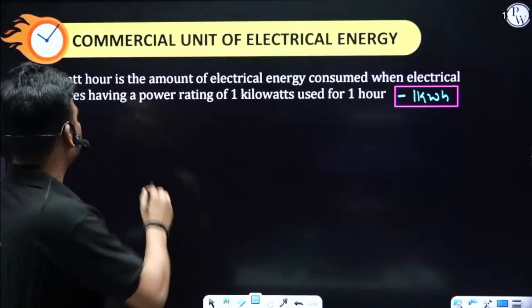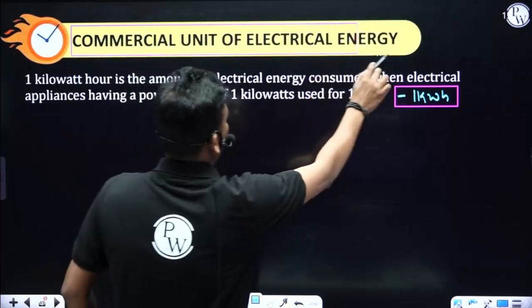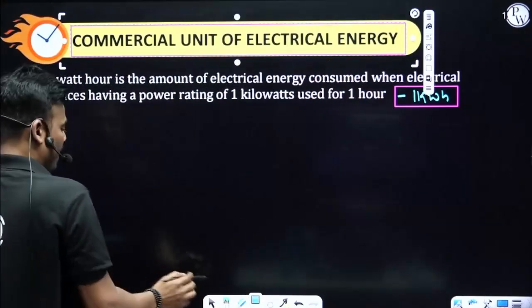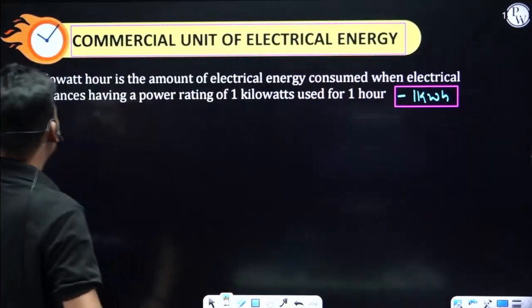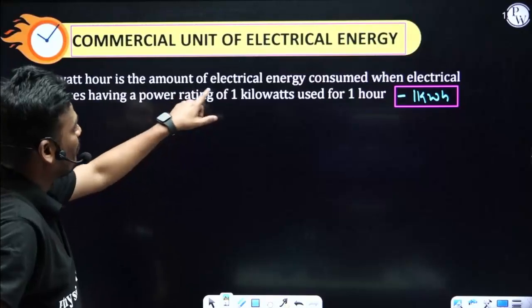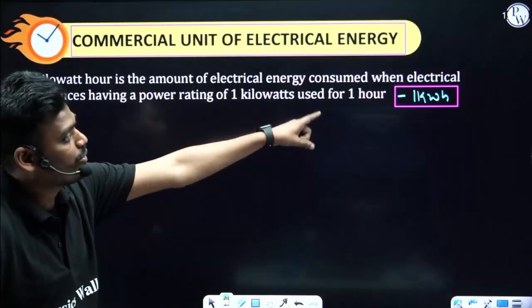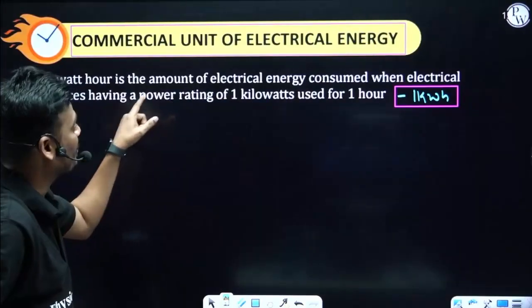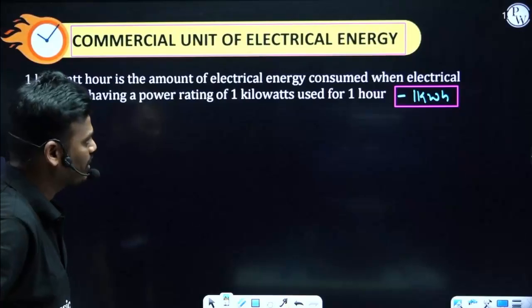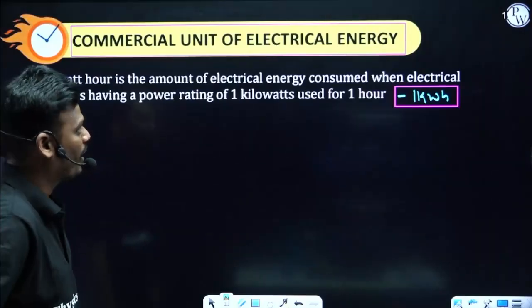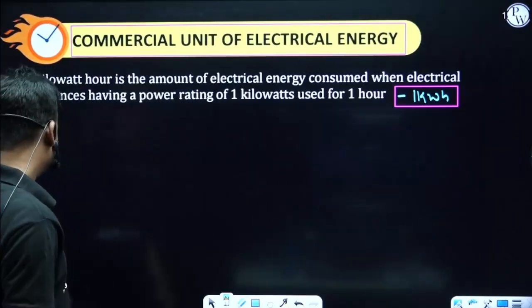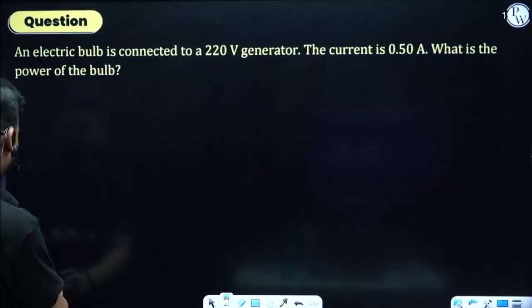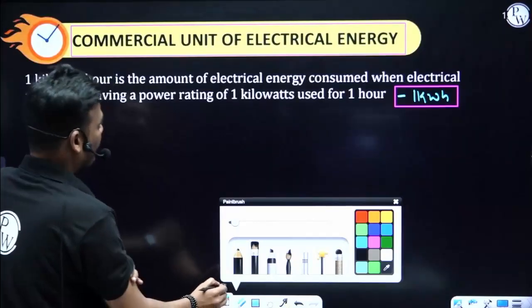That is the reason you have the heading commercial unit of electrical energy. It is defined as the amount of electrical energy consumed when an electrical appliance having a power rating of 1 kilowatt is used for 1 hour. Clear?